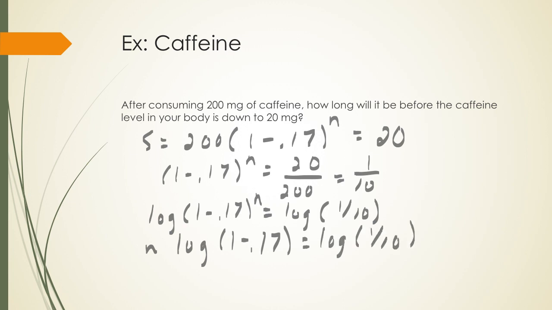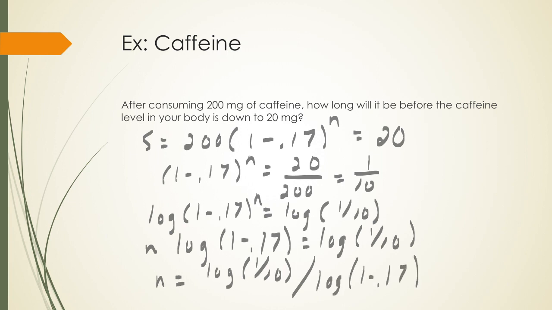This now allows me to solve for n. Calculating this value, I get that n is approximately 12. That is, it takes 12 hours after drinking the 200 milligrams of caffeine for my caffeine level to drop to 20 milligrams.